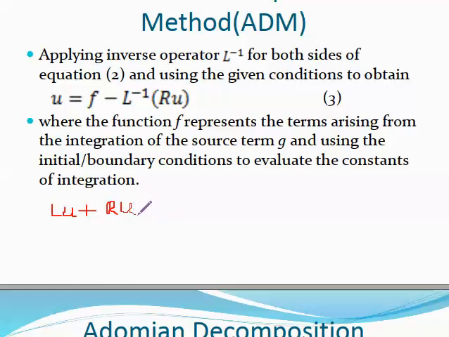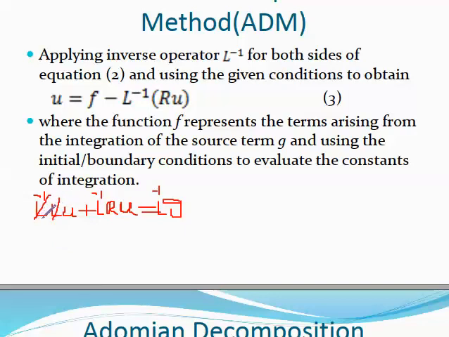We also assume that L is invertible, meaning that the inverse of L exists. So we just apply the inverse operator on both sides of the equation, and as we claim that L is invertible, L inverse L gives you the identity.